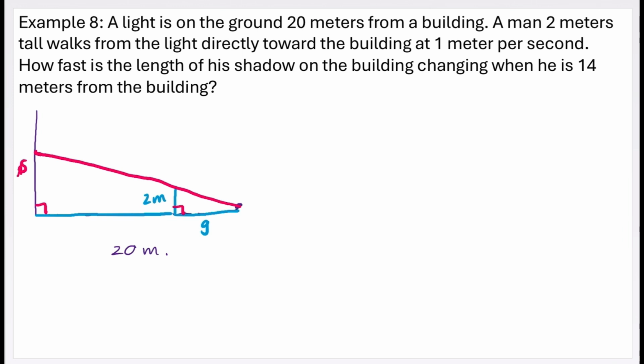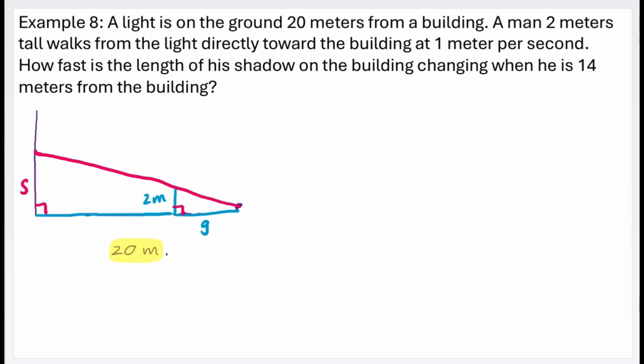I'm trying to erase that. Bring it down just a little bit. Okay. So this is the shadow right there. All right, so when I look at this picture, let's talk about what changes and what doesn't. So this entire length of this big triangle that was created, that 20 meters does not change.